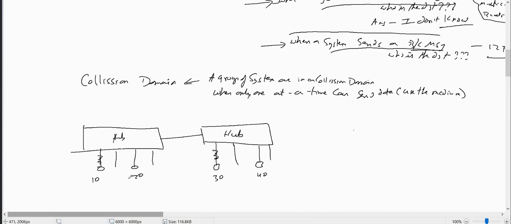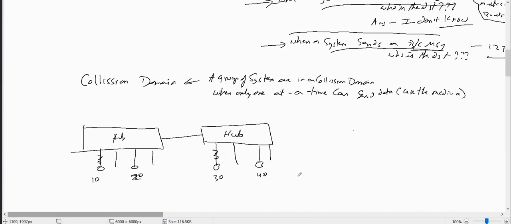So with that, let us see the example of systems connected to a hub. In this example, 10 is trying to communicate to 20, and at the same time, 30 is trying to communicate with 40. Will it happen? Can that happen or not?